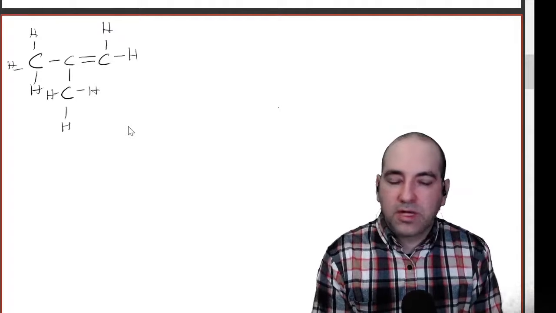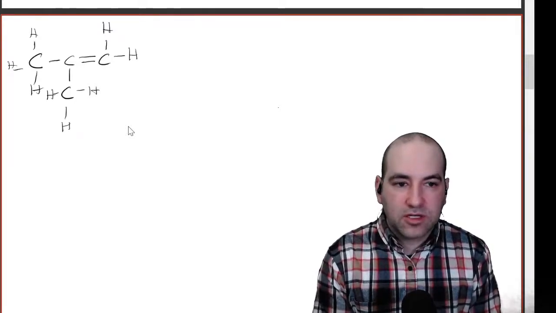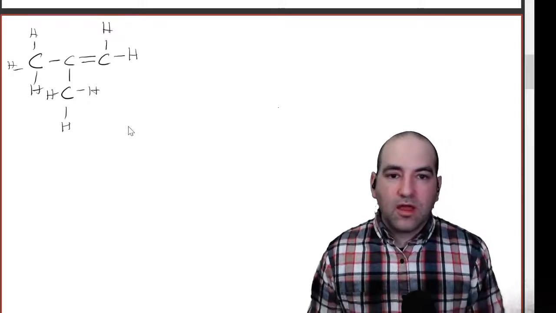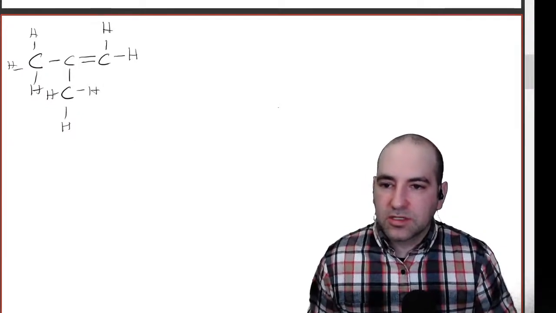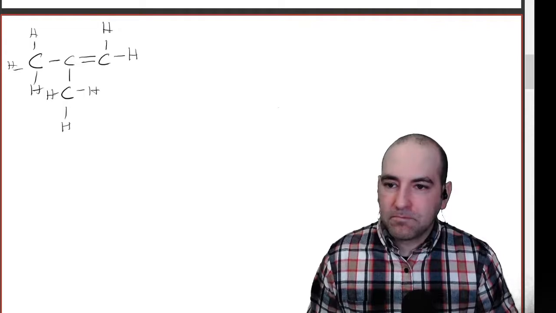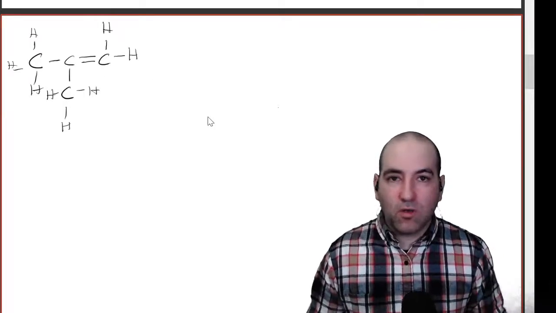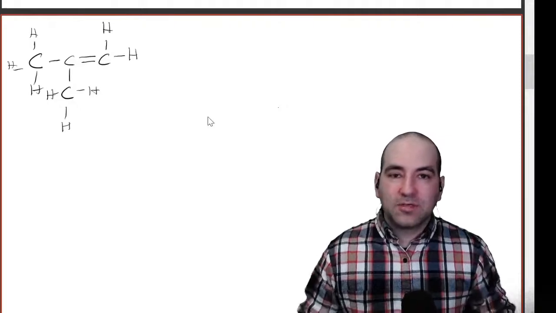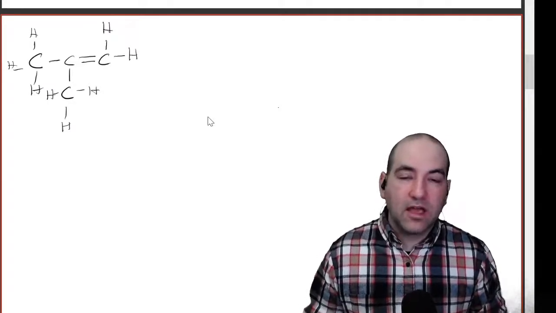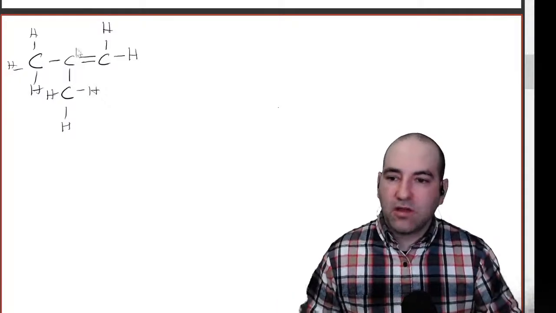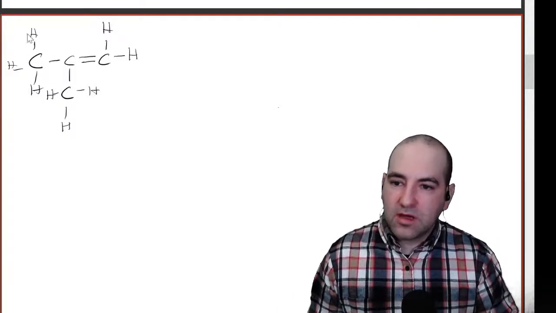Now let's say we want to express this as a condensed structure. Now we have some choices here, and some of them are going to be a little bit easier to see than others. All right, so the easiest way to draw a condensed structure always is to leave the lines between the carbons intact. So leave the bonding between the carbons as is and just condense the hydrogens down. So like we can see there are 3 hydrogens on this carbon.